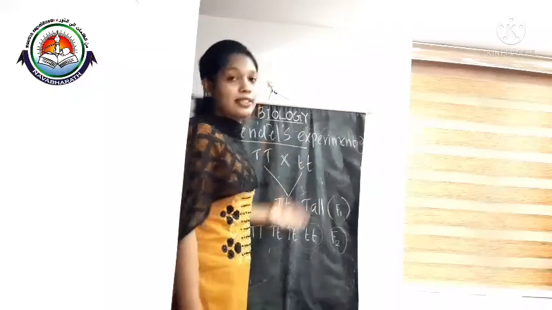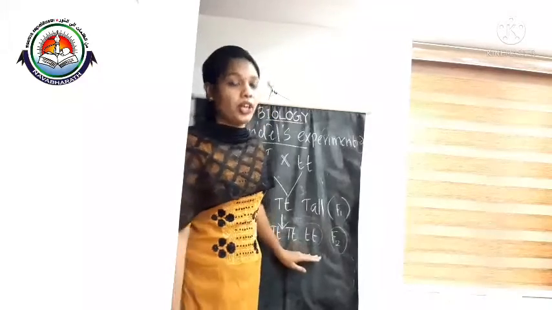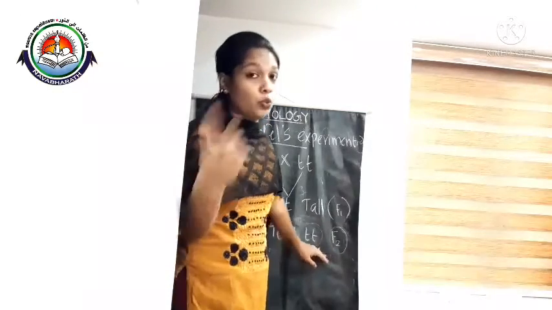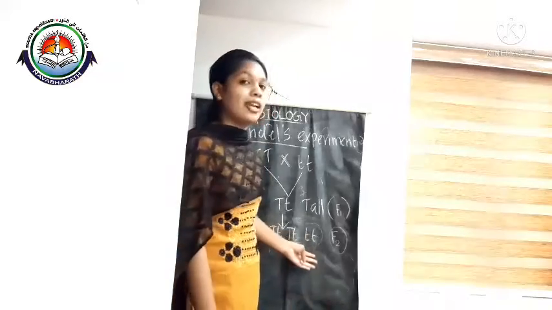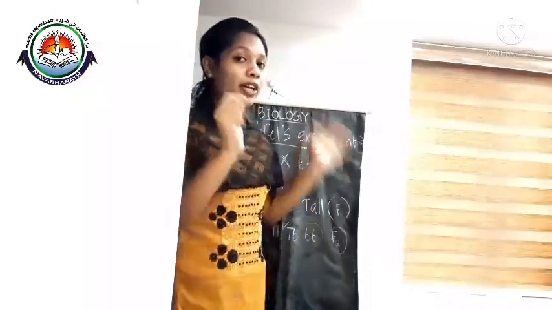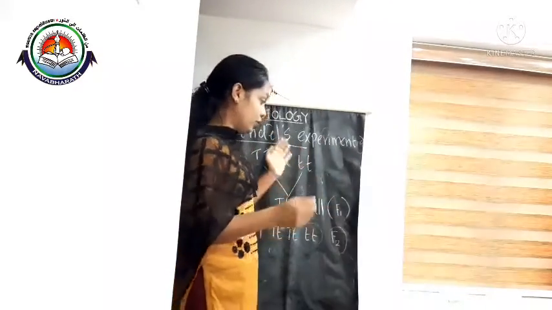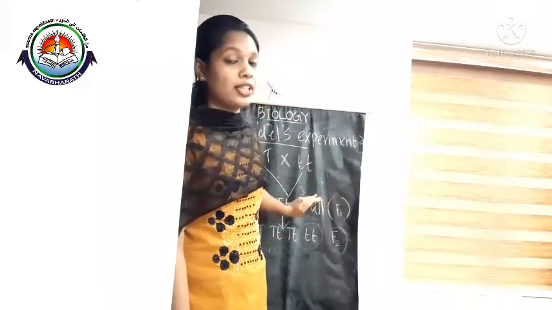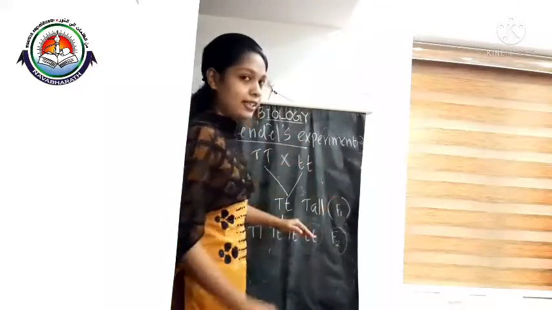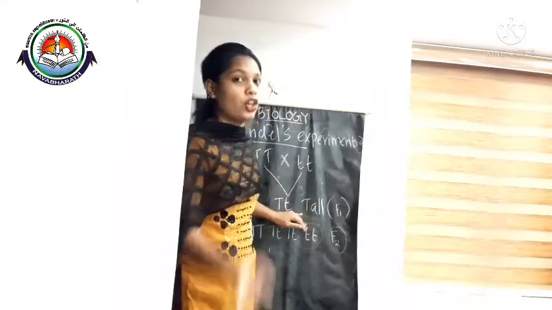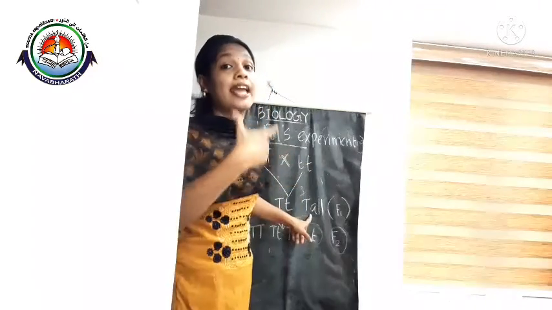That is why the traits get transferred to the F2 generation, where the two traits are expressed. What he identified is that in the F1 generation, both the tallness trait and the shortness trait are inherited, but only one trait is expressed.